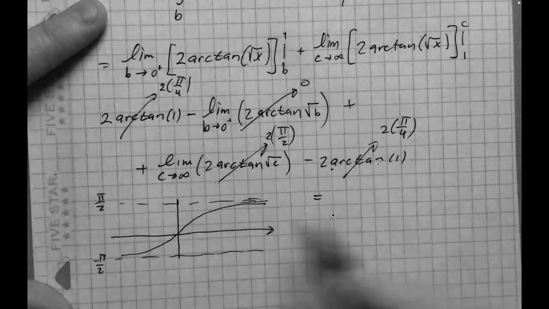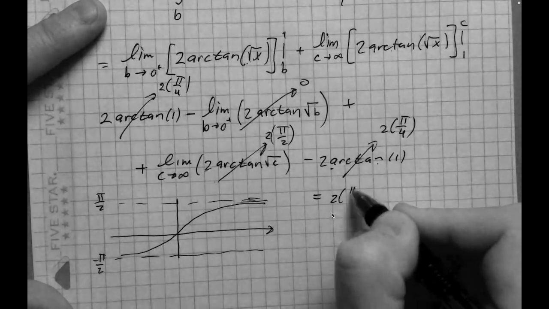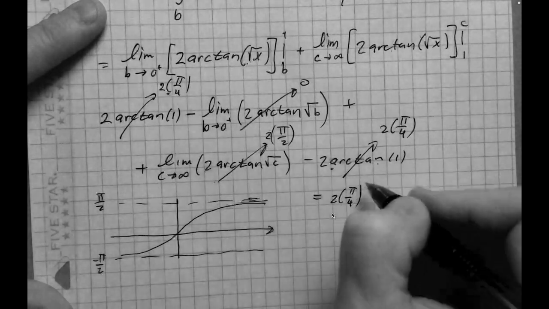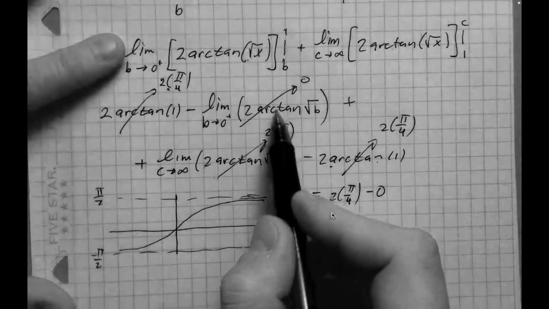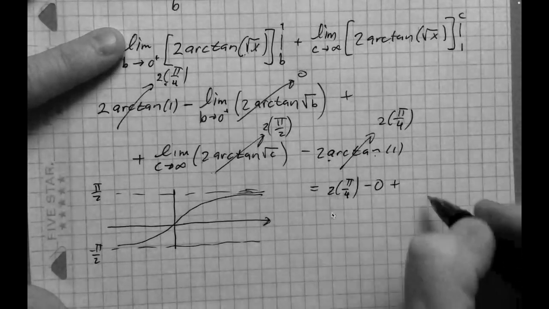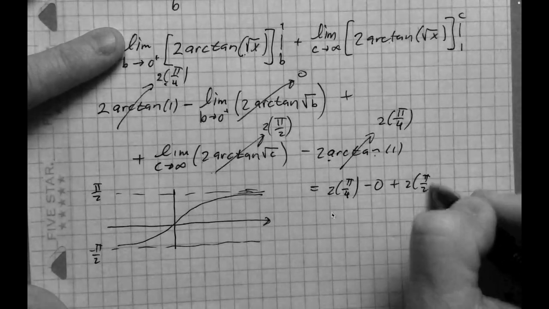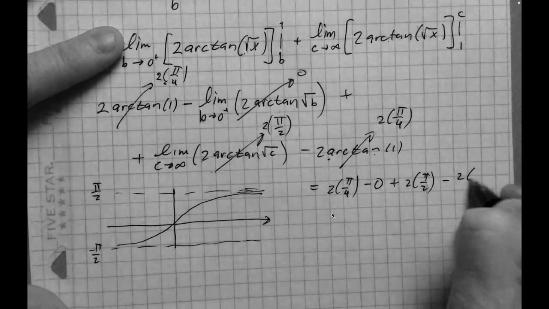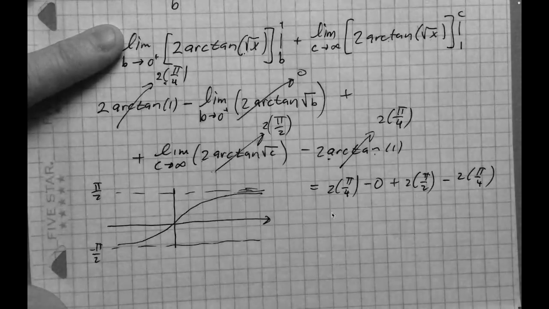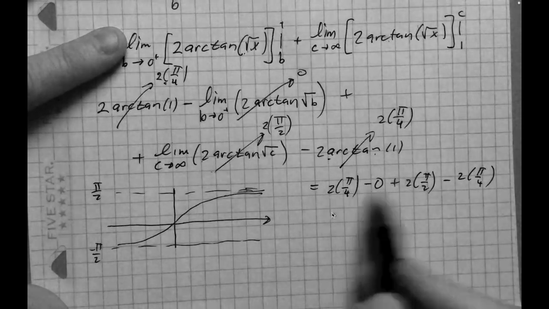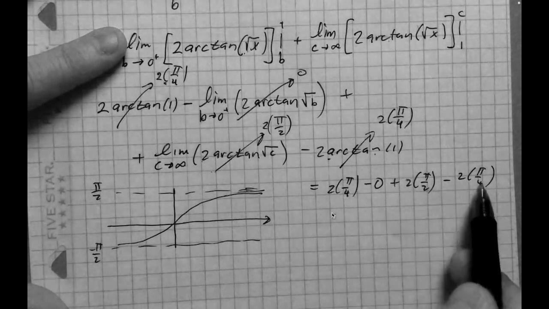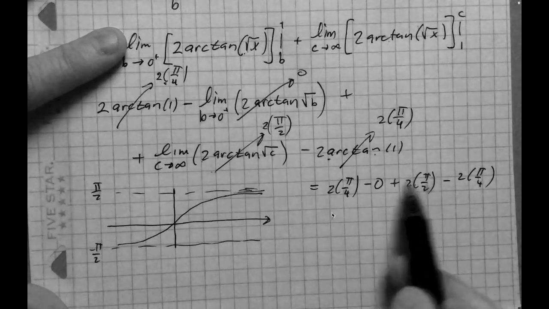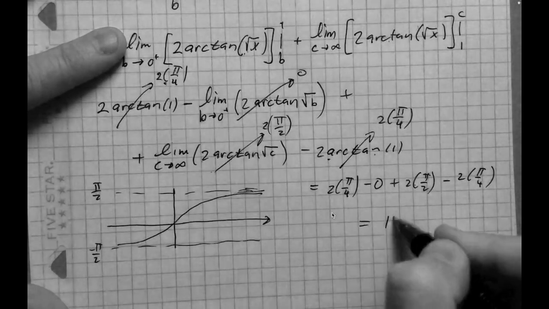So all in, what we have here is 2 times pi over 4 for the first one, minus 0 for the second one, plus 2 times pi over 2 for this third piece, and then this last one is minus 2 times pi over 4. So obviously you've got pi over 2 minus pi over 2, and then in the middle you've got just a pi. So this whole thing is equal to pi.